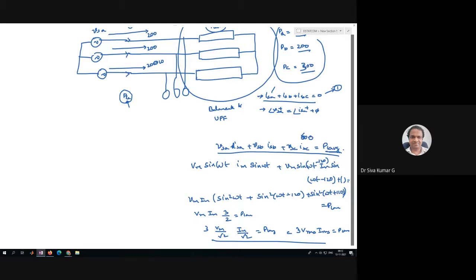All the currents, Im sine omega t minus 5, Im sine omega t minus 120 minus 5, or Im sine omega t plus 120 plus 5, are also balanced only.